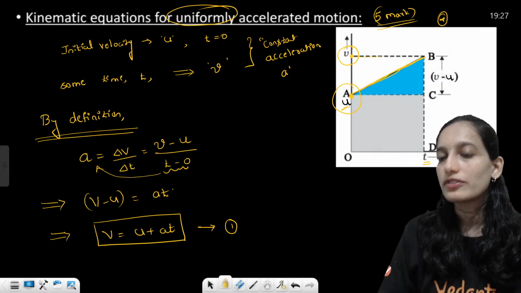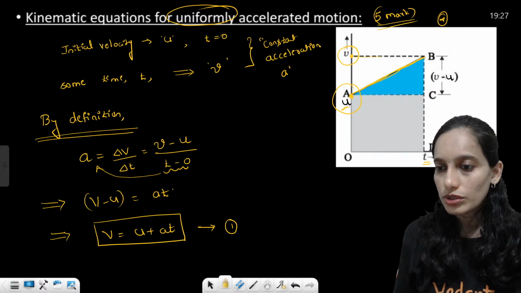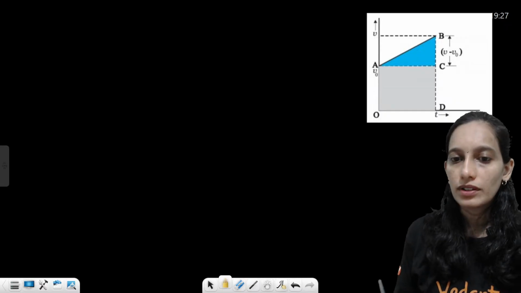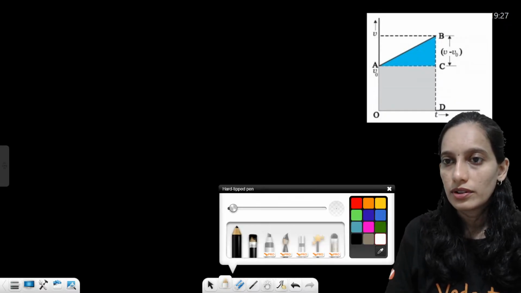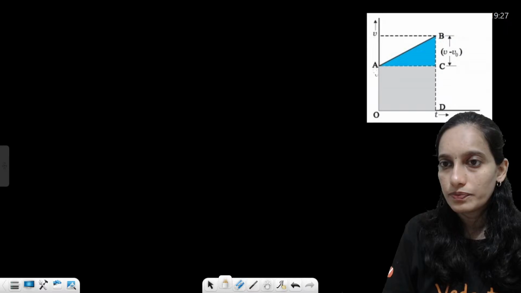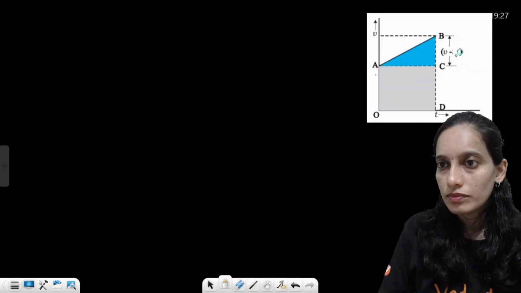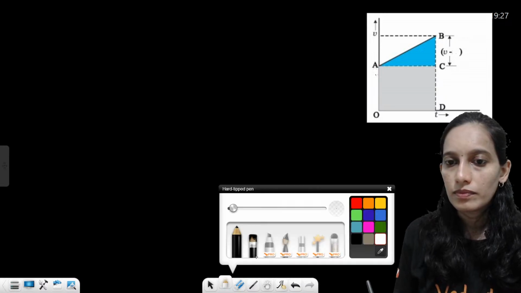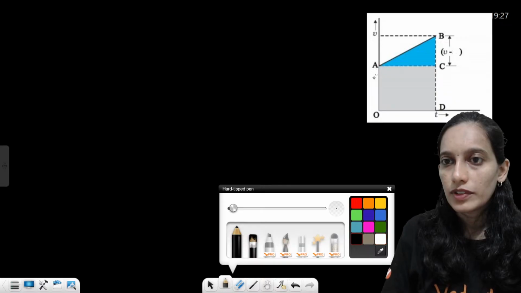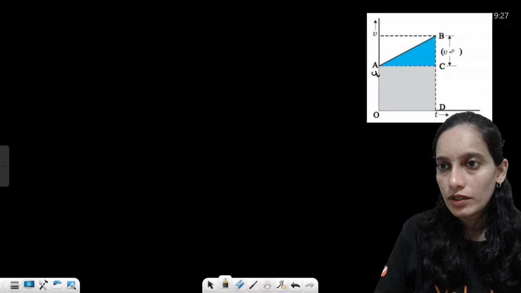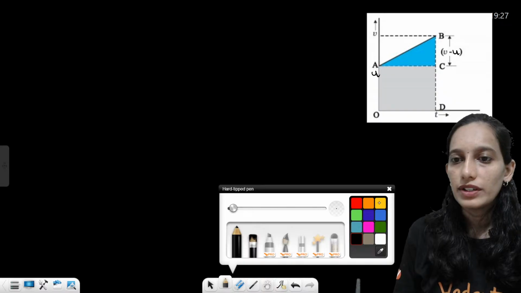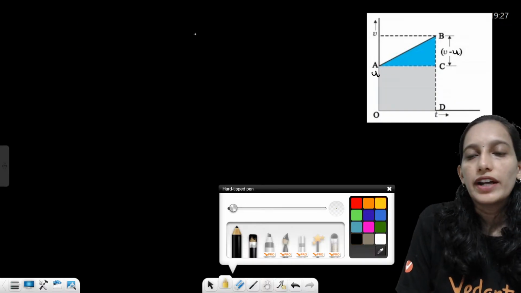So we have that graph here. The same diagram I have put here. Let me just mark this as u. Again, we will try to find out the area.